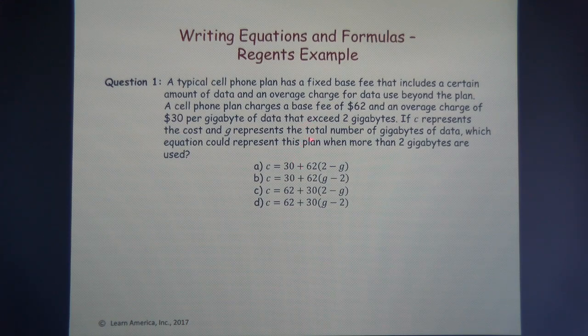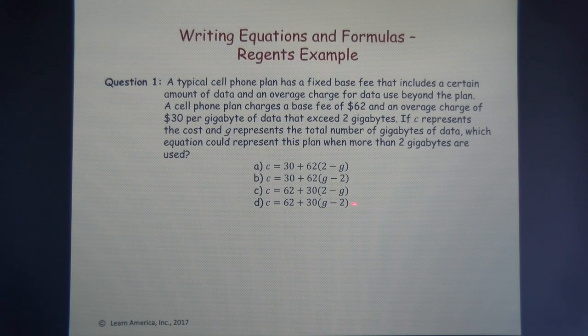To find out the difference between the first 2 gigabytes and the total number, we're going to take G minus 2. So if I use 10 gigabytes and I got the first 2 in my original base fee, how many will I have to pay overage for? I was covered for 2, but I used 10. So I have a total of 8.